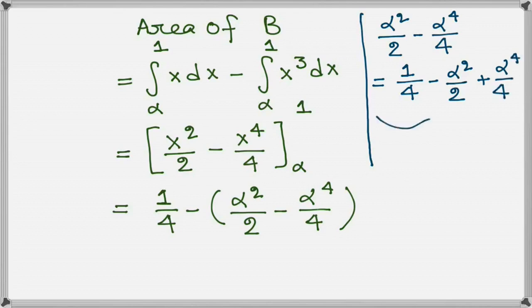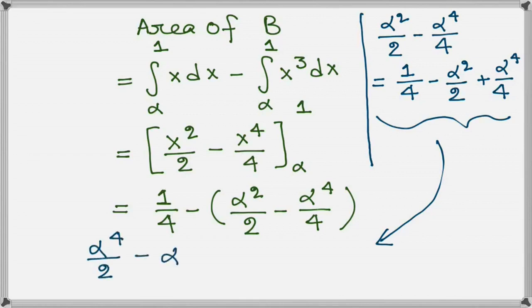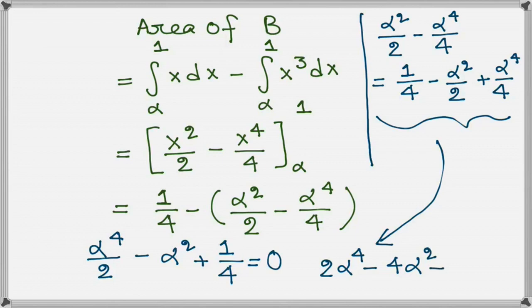Simplifying this, we obtain alpha to the power 4 divided by 2 minus alpha square plus 1 by 4 is equal to 0. Now if we multiply this equation by 4, then we obtain 2 alpha to the power 4 minus 4 alpha square plus 1 is equal to 0.